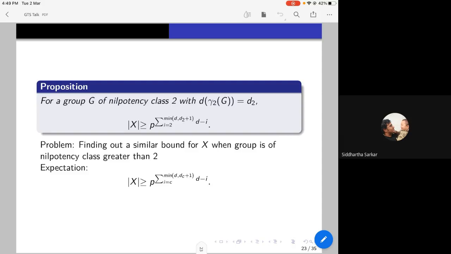So the problem is finding a similar bound for X when the group is of nilpotency class greater than 2. I don't know if one is interested in that; it's interesting to me at least. Can a similar bound on X be given in the case of high nilpotency class?